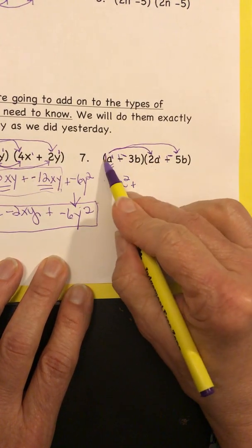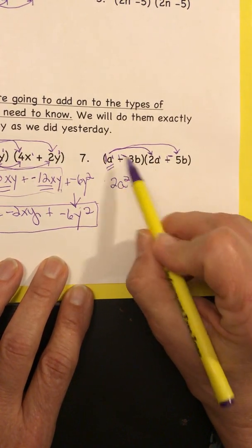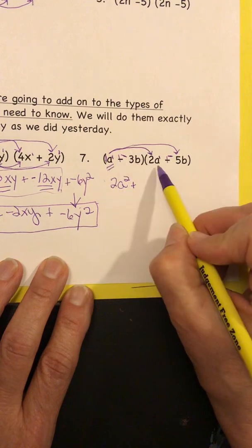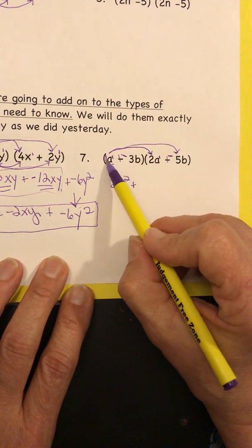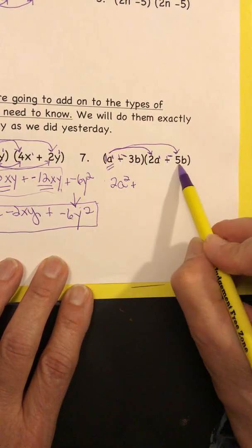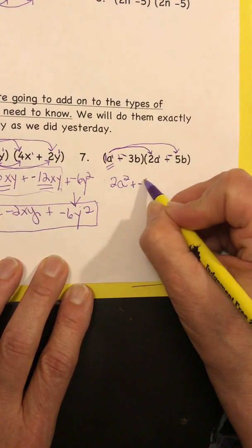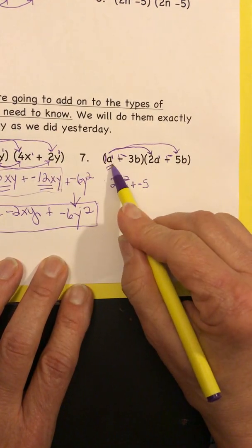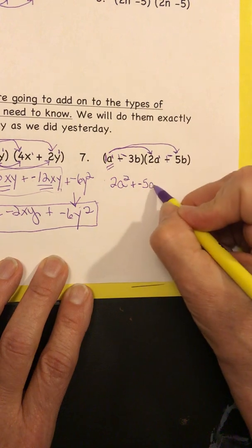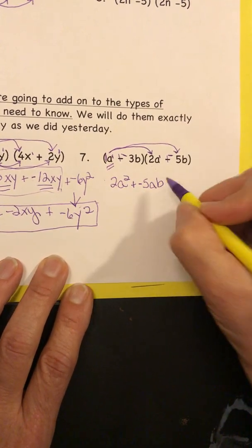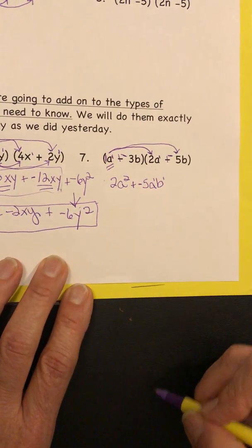Plus 1a, always remember you've got to do this one twice and then this one twice. 1a times all the way over to negative 5b would be a negative 5. And now we've got that same thing, an a and a b. So we place them in alphabetical order right across, right next to each other.